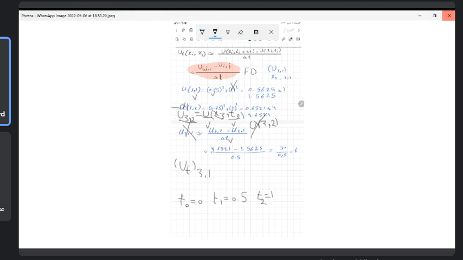It is approximated by U32 minus U31 over delta t. Then we should compute U32 and U31. We go above, and we should compute U31. Let me erase this page.